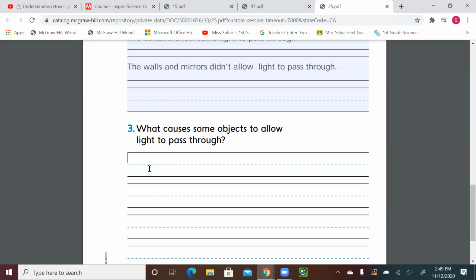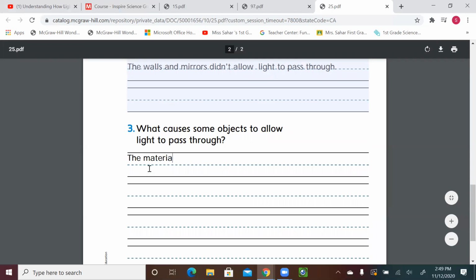So what causes some objects to allow light to pass through? The materials the objects are made of can cause or help the objects to let the light pass through or not.